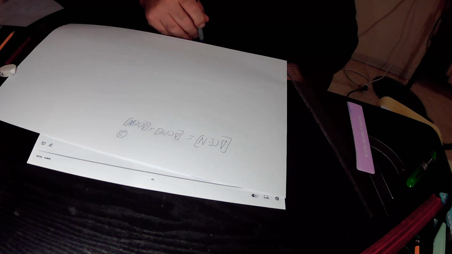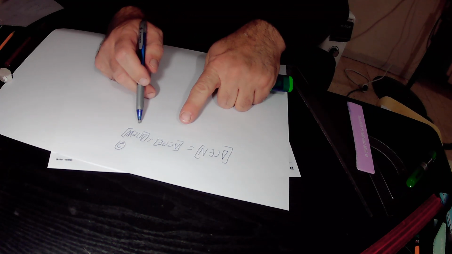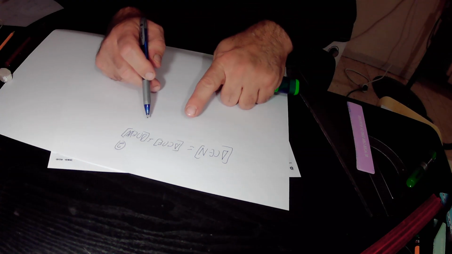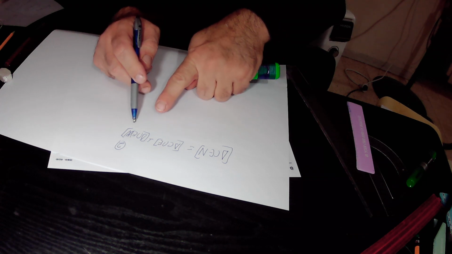But again, the area of the big triangle CEN must be equal to the sum of the areas of the two components that it consists of. Triangle CEN consists of those two triangles, the green triangle COE plus the lower triangle OEN.